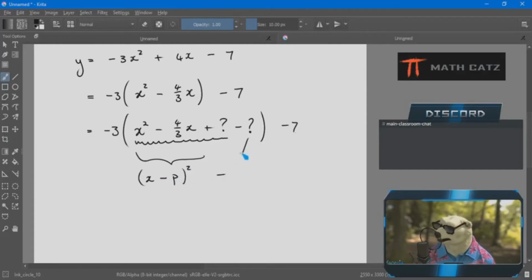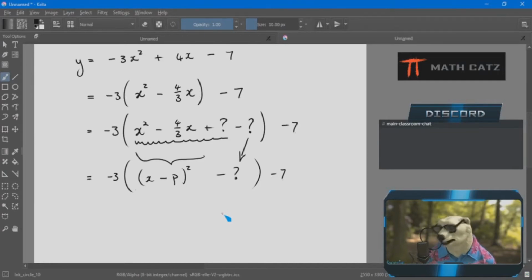I still have this guy. They're still in large brackets. The negative 7 is still there. The negative 3 is still in front as well. Okay, so this is the key part here where people get confused. I'm just sort of planning it out.